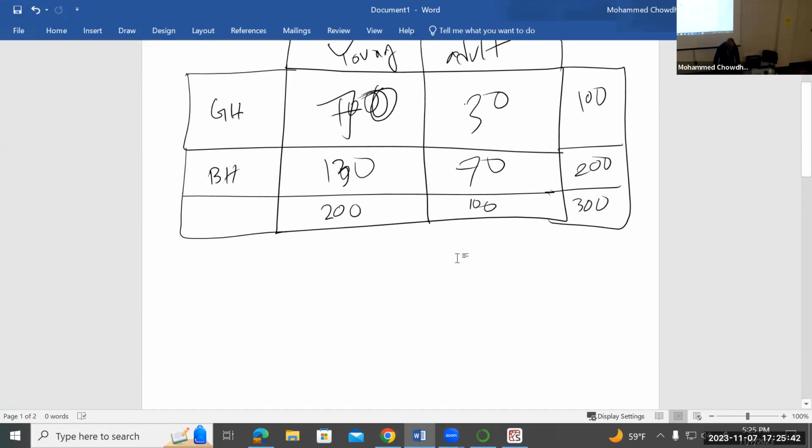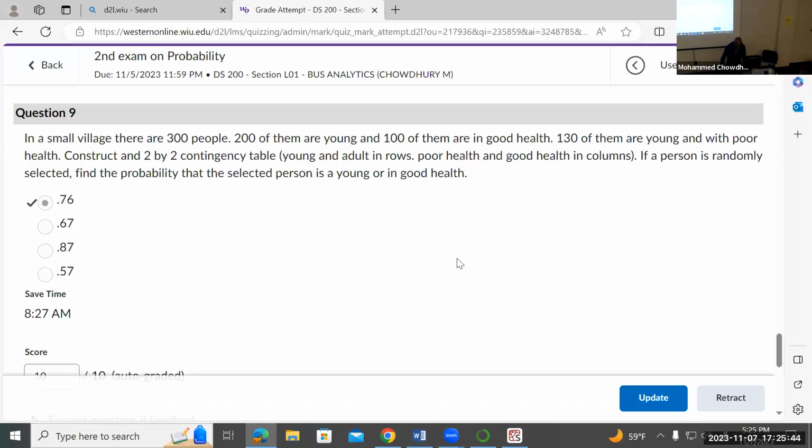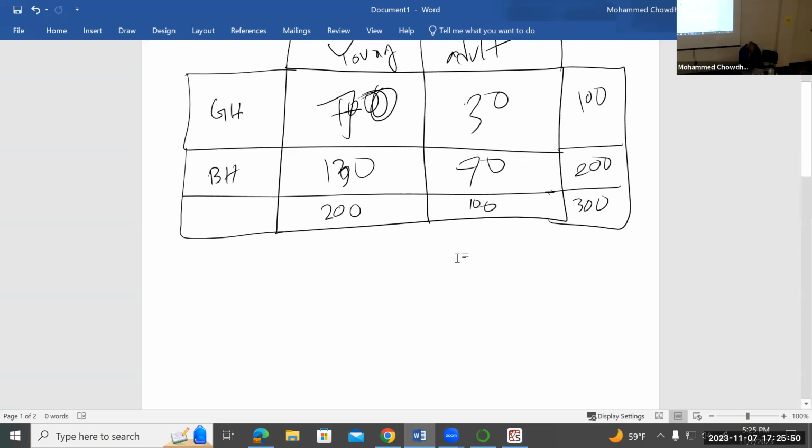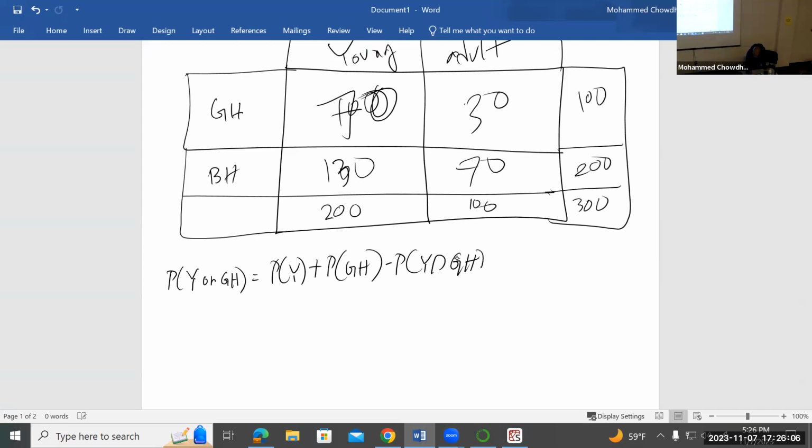Then, if a person is randomly selected, find the probability the selected person is young or in good health. Probability of young or good health, right? So probability of young plus probability of good health minus probability of young and good health.